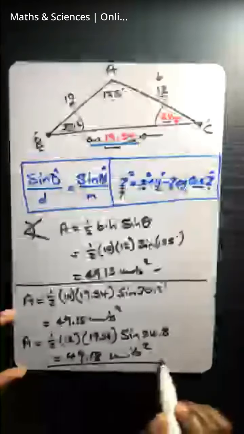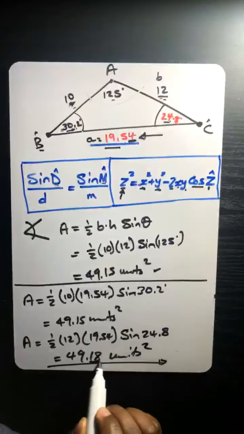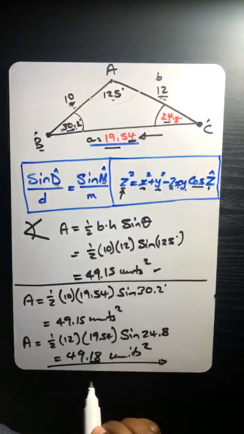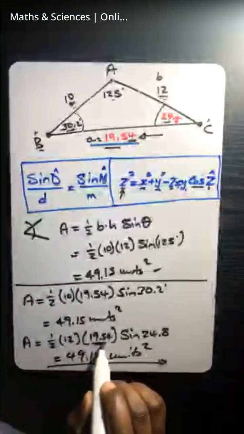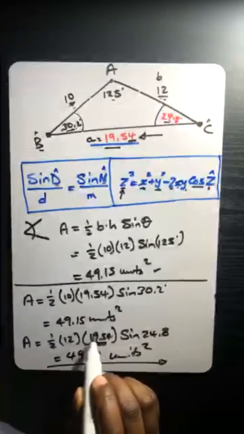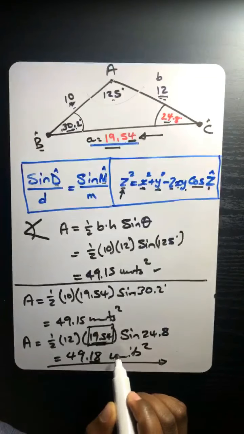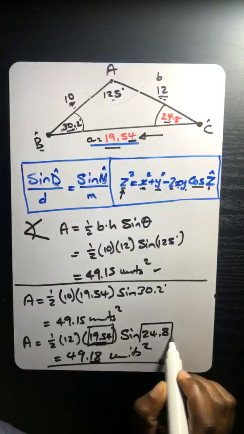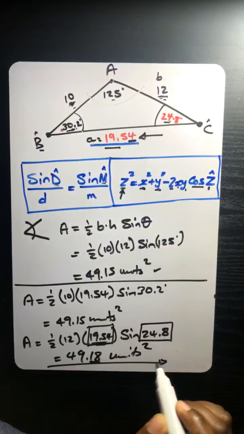Obviously, the reason why it's slightly higher is because you used two values which were rounded off. It wasn't originally given. It was modified, tampered with, rounded off. And also this one was rounded off, which is possibly why we might be having two answers there.